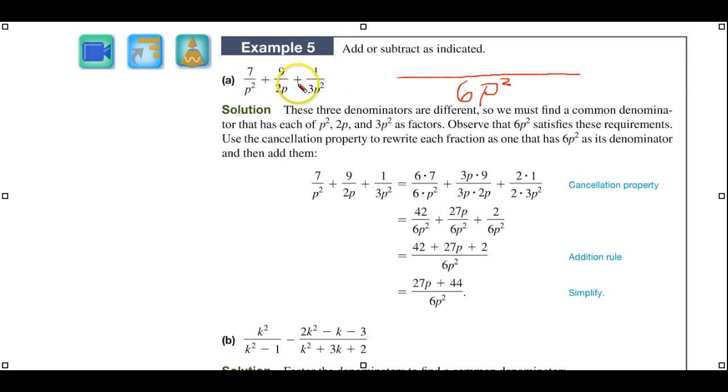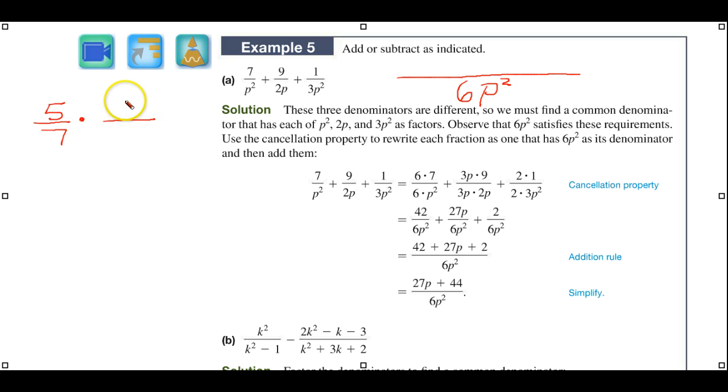And if you can see that, then that's a good thing. Now, what we have to do is make each of these fractions such that their denominators will be 6p squared. Now, we are allowed to multiply anything by 1. For instance, if we had 5/7, we can multiply 5/7 by a 1.